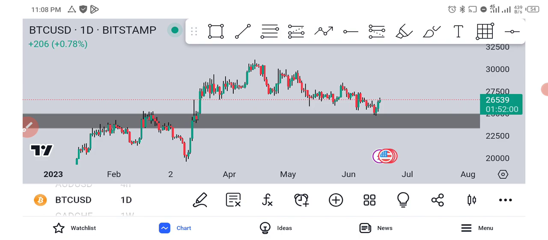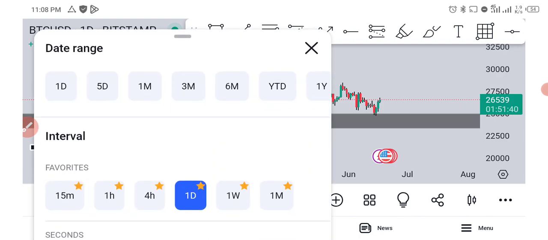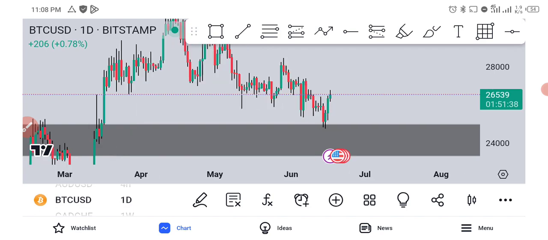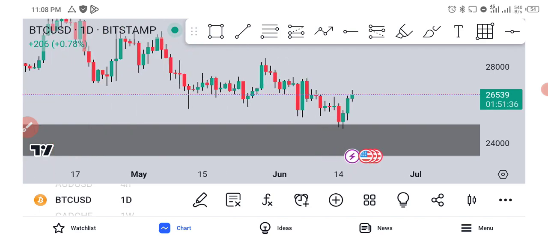So you can't analyze BTC USD and then analyze Ethereum, Dogecoin. If you are analyzing BTC USD, you are analyzing all cryptocurrencies. They move in the same direction, except when they want to manipulate your trades. That's when you see some cryptos moving up and some moving down, but all of them move in the same direction.